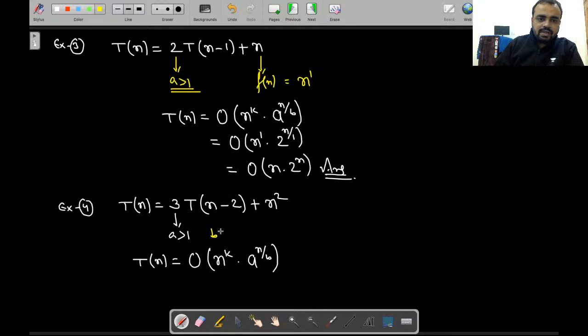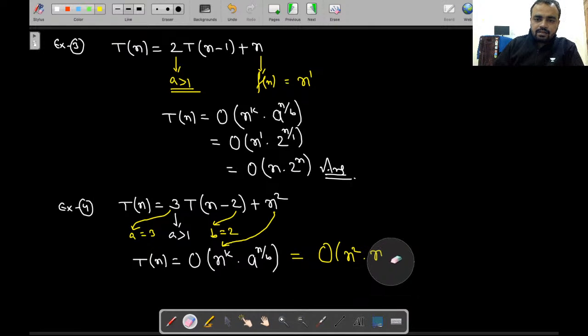The value of b is 2, the value of a is equal to 3 which is given over here, and this is the value of f(n). So this will become order of n square into a to the power n by b.